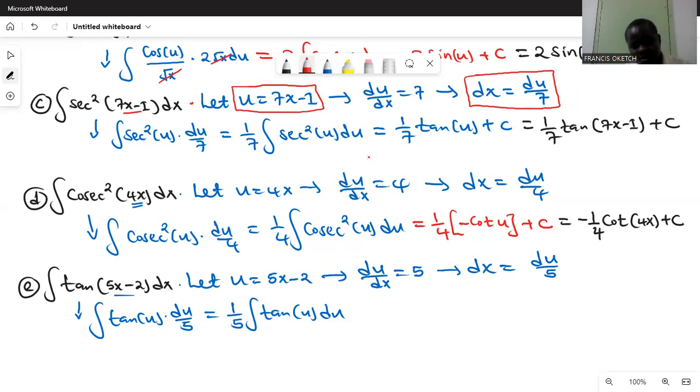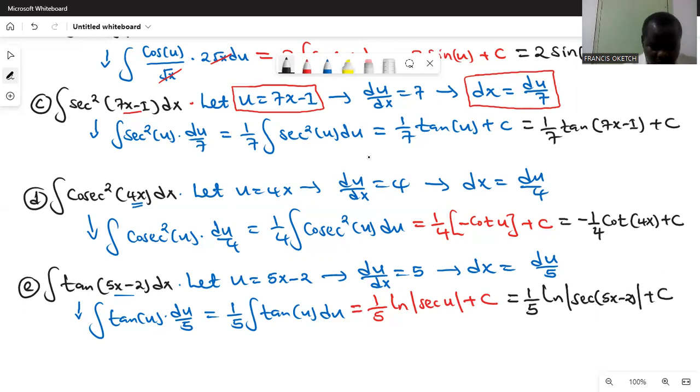So we expect our answer here, because now instead of x it is u, is now 1/5 ln of sec u plus c. When you replace u, what do we get? We get 1 over 5 times ln of sec. Our u is 5x minus 2. And then there's a constant c of integration.